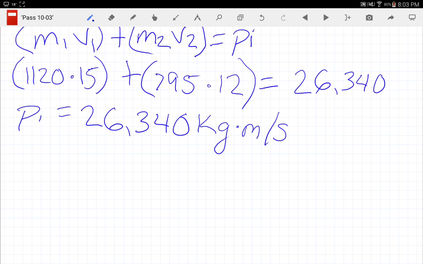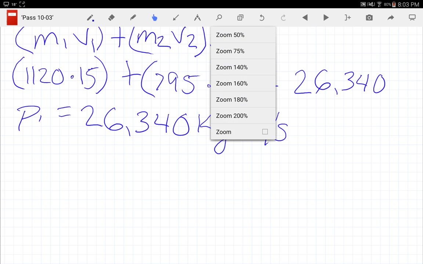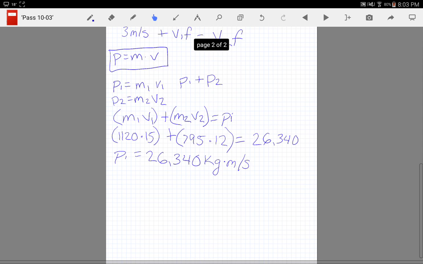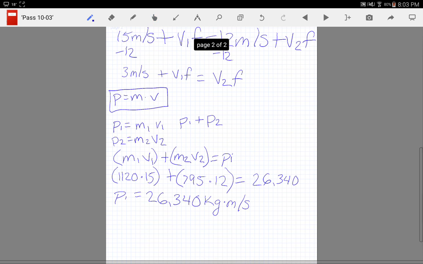Okay. So then we still have to find from the beginning. Let me pull that back so you can see everything that we've got. Okay, so we have this equation up here of 3 meters per second plus V1 final equals V2 final. And we've got our initial momentum. So now where do we want to go with this?